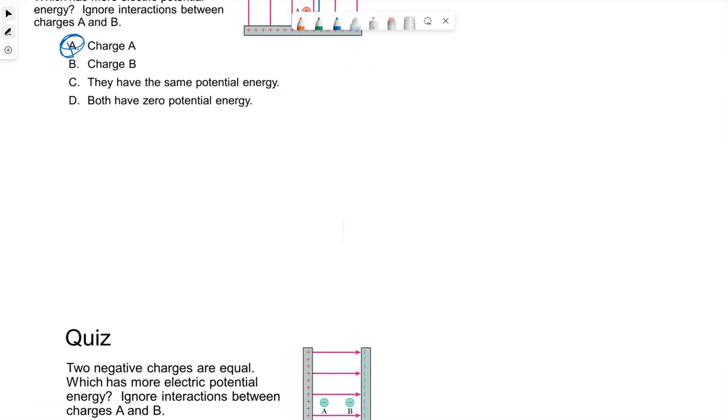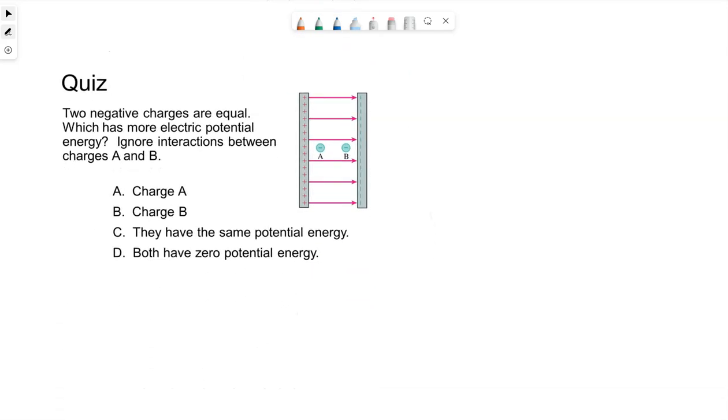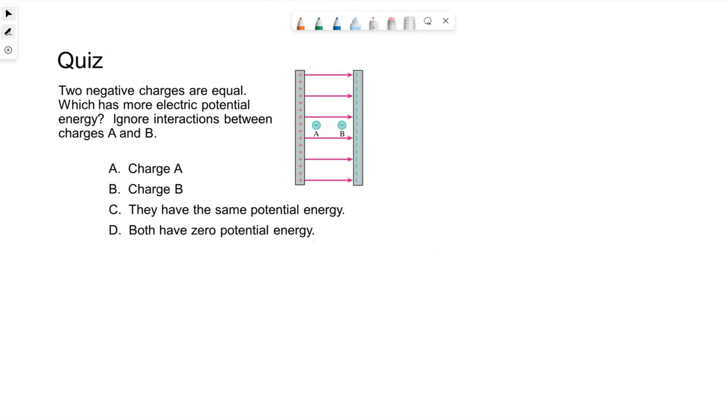Let's look at our next question. What about this one? Correct answer here is B. For the same reason.